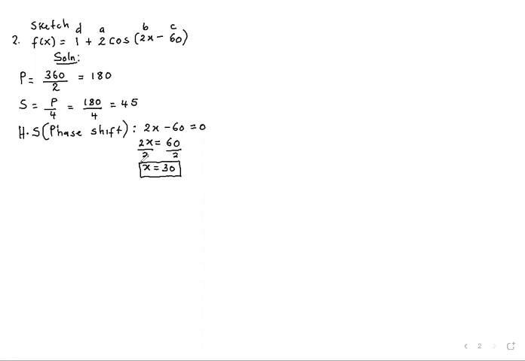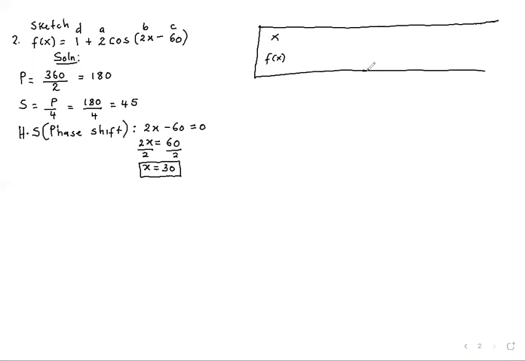So we put the table now. The table will have x and f of x. Then we start. We are starting at 30.